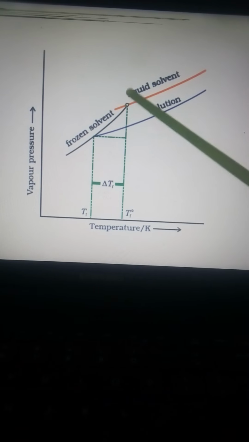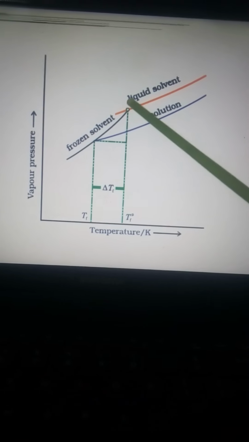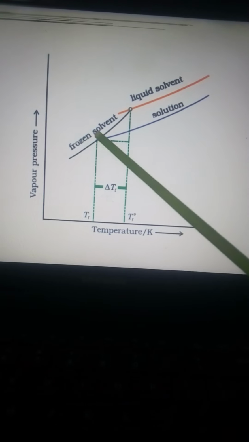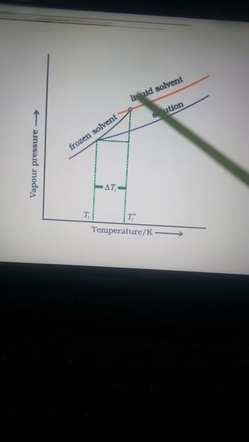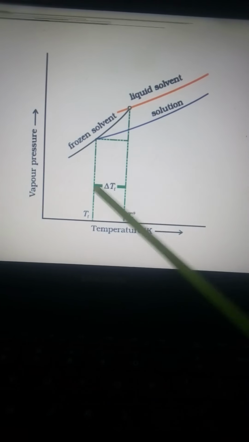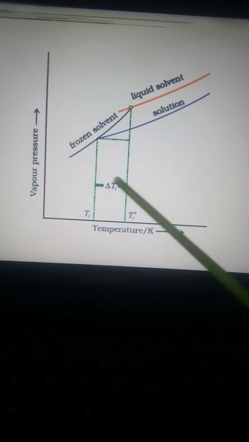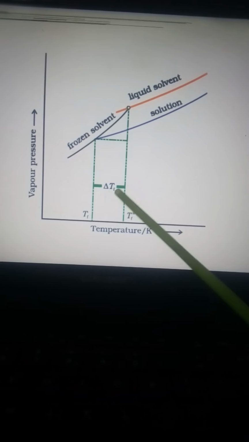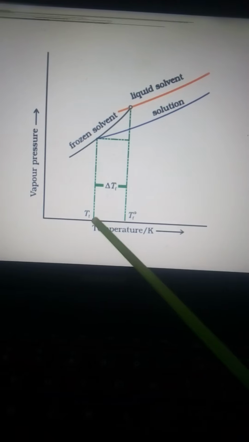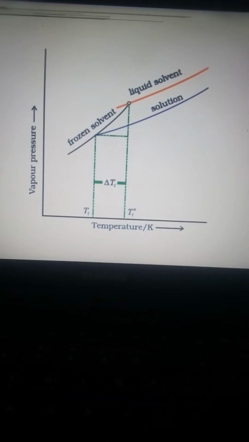So the freezing point of the solution is lower than that of the solvent in which it is prepared. This is the depression of freezing point: delta Tf equals Tf naught minus Tf.